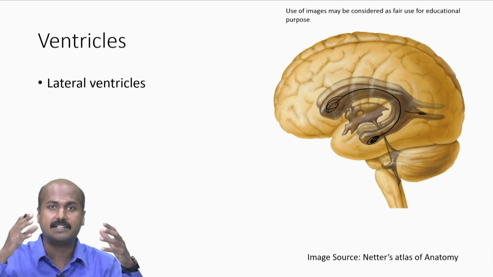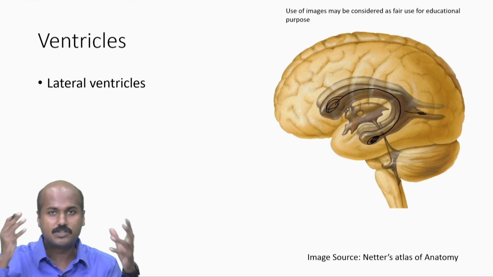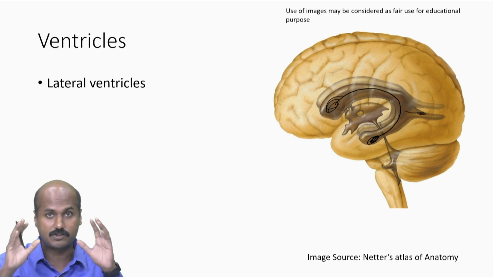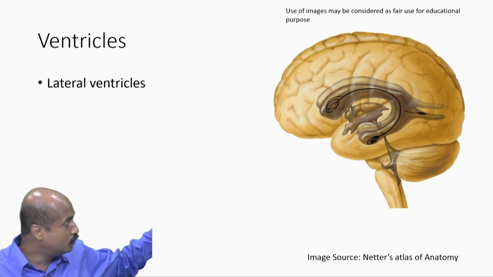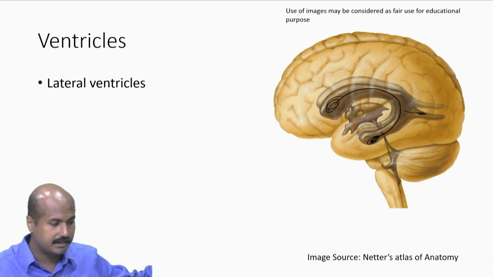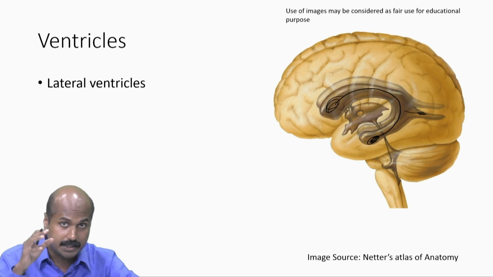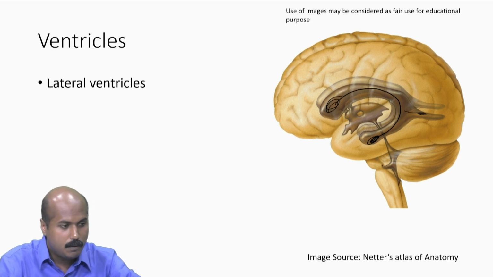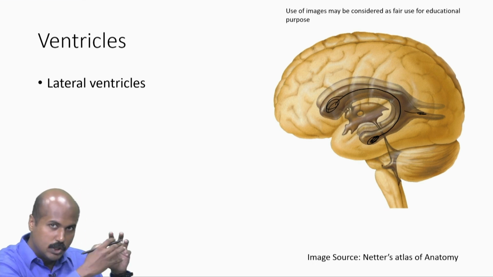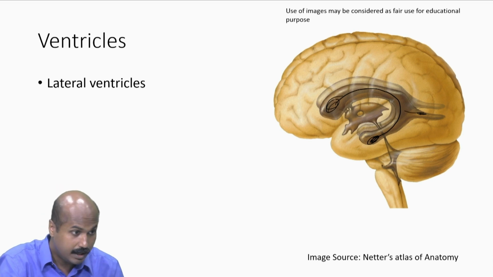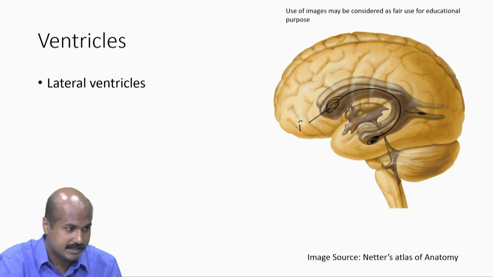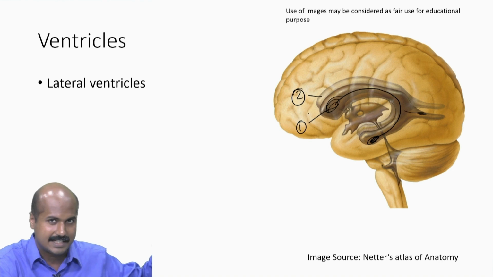You know already that cerebral hemispheres are two in number. So just like that, the lateral ventricles are also two in number. So you have two C-shaped lateral ventricles, the largest ones, located within the cerebral hemispheres. I forgot to mention, this is one lateral ventricle and this is the other lateral ventricle shown in that image.